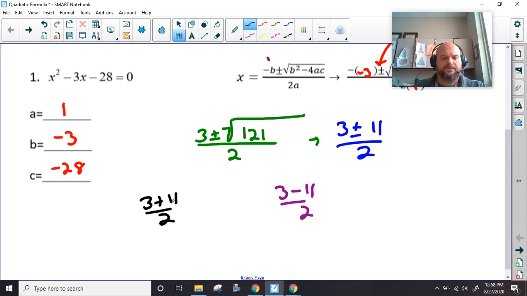All right. So 3 plus 11 is 14 divided by 2. This is 7. And then 3 minus 11, well, that's negative 8 divided by 2, negative 4.